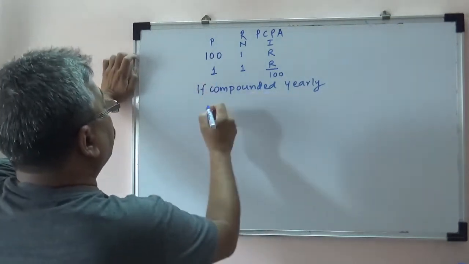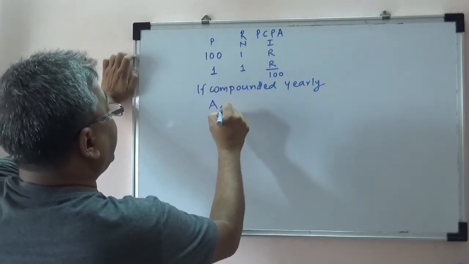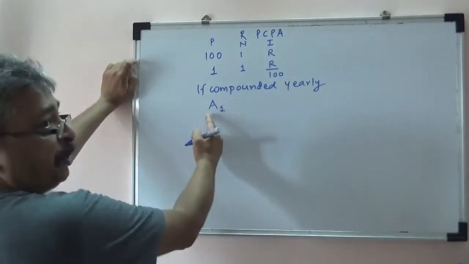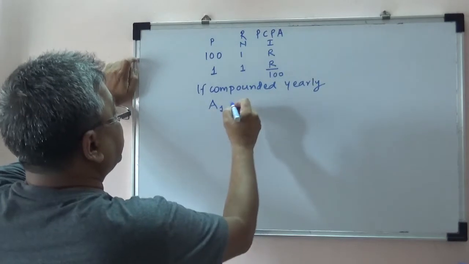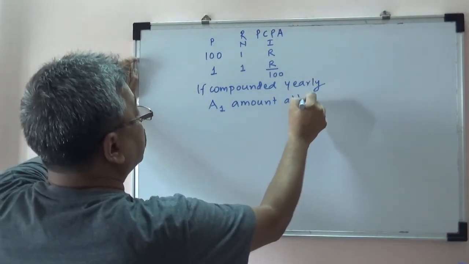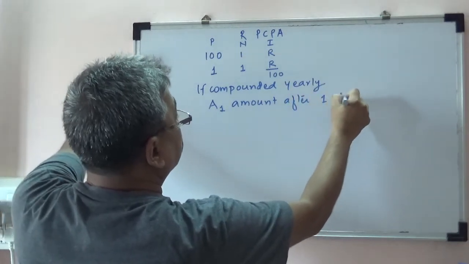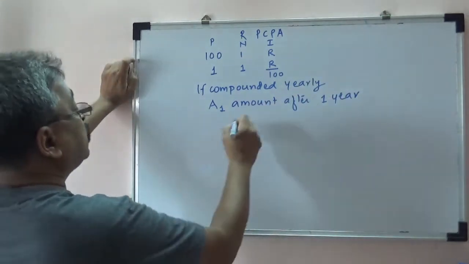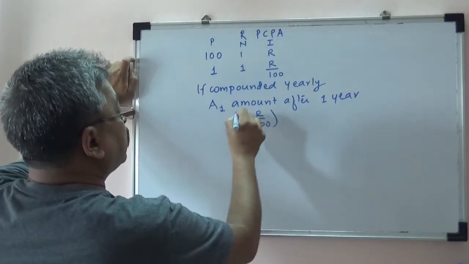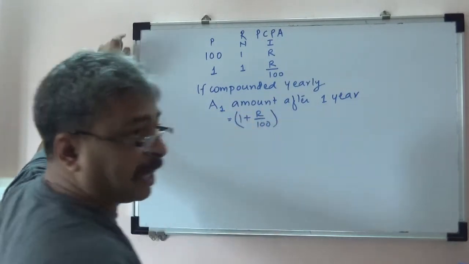At the end of my first year, my amount, which I am denoting by A1, the amount after 1 year, becomes 1 plus R upon 100. A1 becomes 1 plus R upon 100.